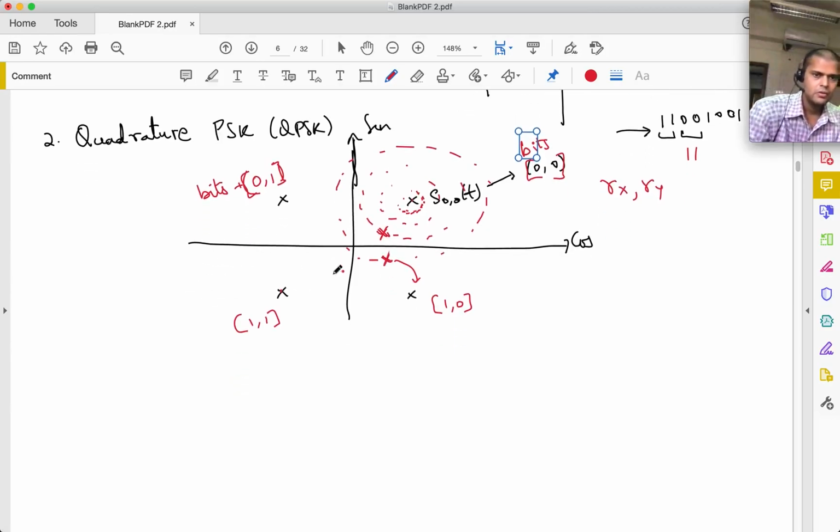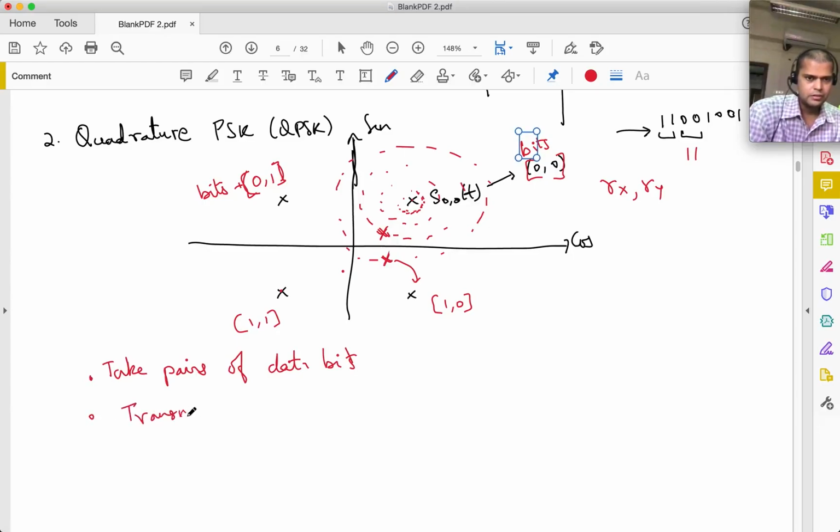So what I'm doing here is take pairs of bits and transmit the corresponding constellation point.